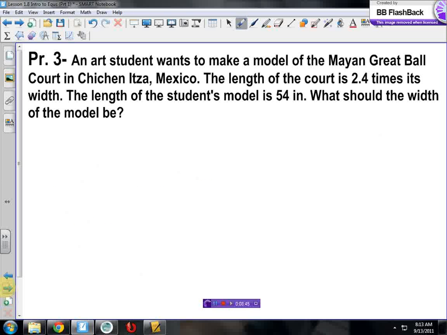Here we have an art student. They're making a model of the Mayan Great Ball Court in Chichen Itza, Mexico. Is that how you say it? I don't know. Chichen Itza. That's a fun word to say, though.